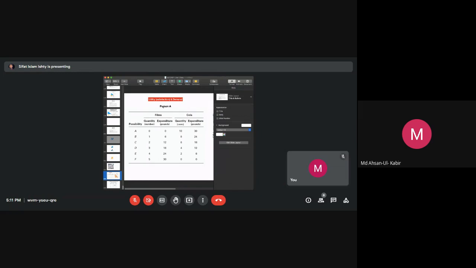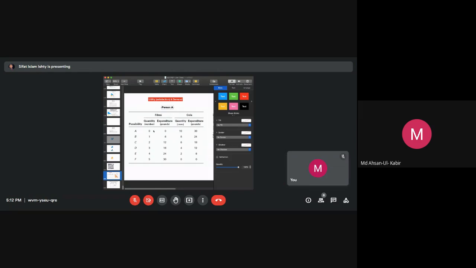Okay, so let's see this example, and I hope you will be clear. So this person A, using all his budget, all his money he has, he can spend in two goods. One is films, the other one is cola. Okay?